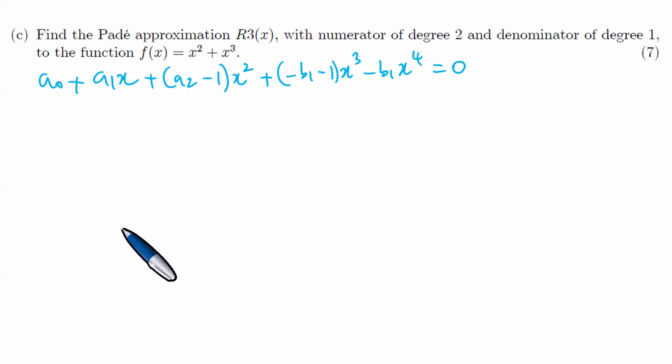So what then you're able to get? We do like our usual stuff. We compare coefficients. So by comparing coefficients, we're able to get what we need the most.